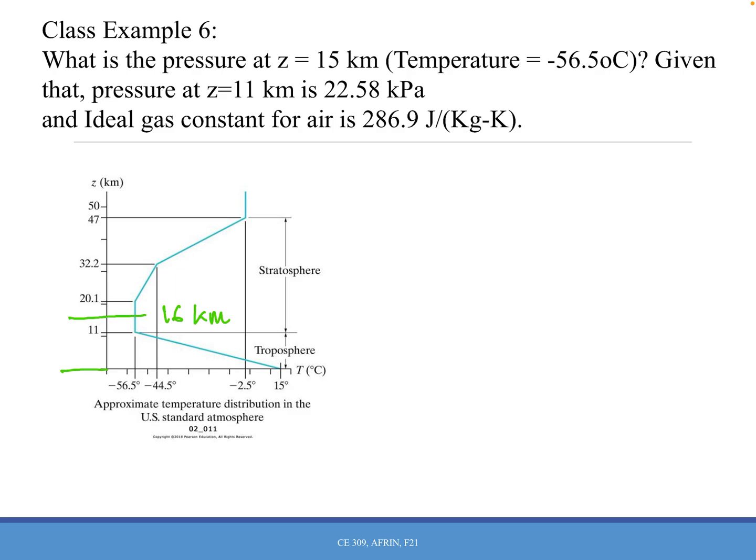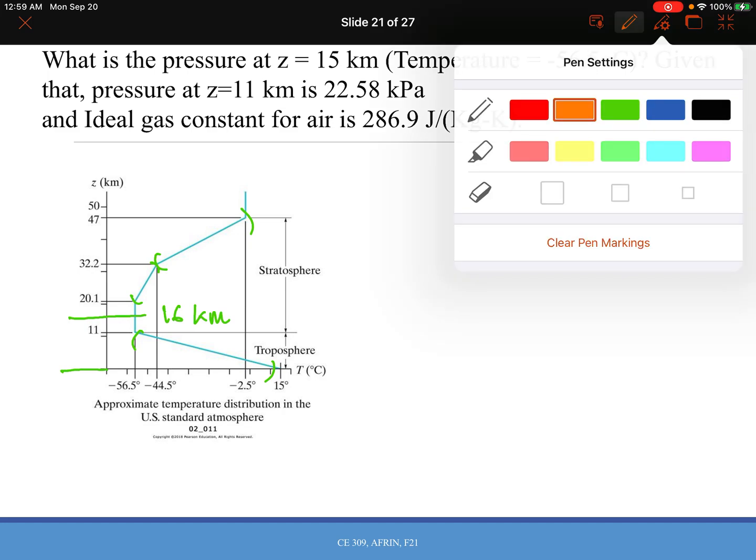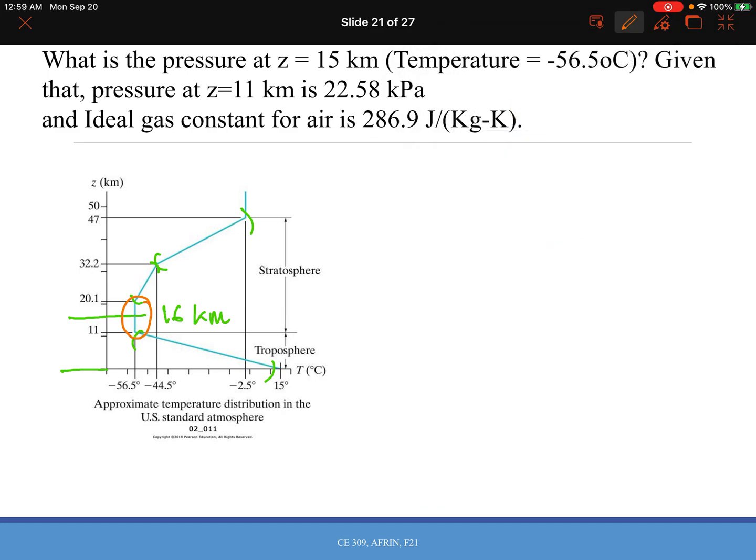Now, if you look at the total picture, from this point to this point, there is temperature variation. So the only part where there is no temperature variation is this one. So for this part, the equation we just developed can be used, and that's what we will do.